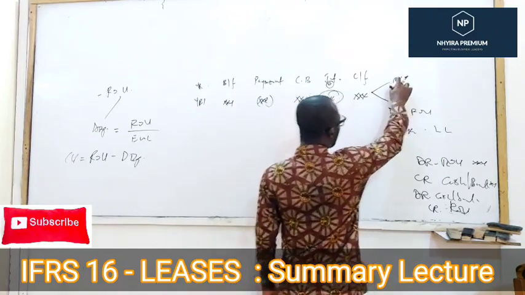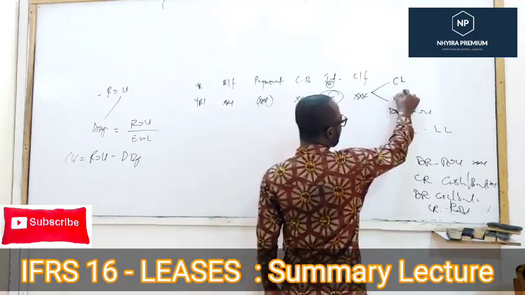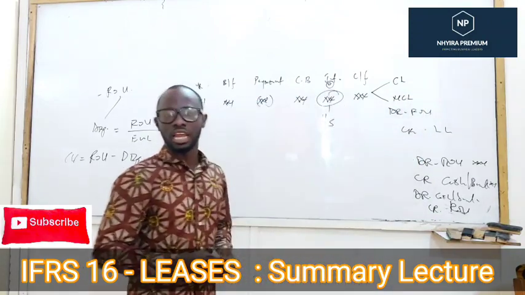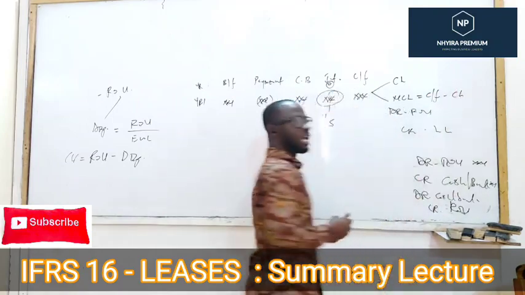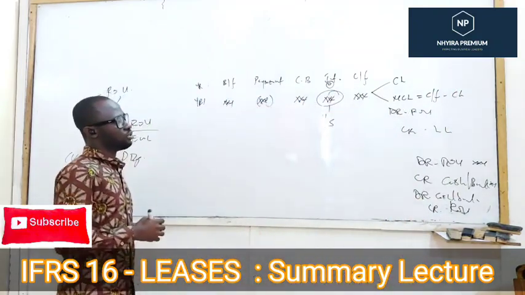Then when we deduct that from the carry forward value, what will be left will become the non-current liability. I hope you are getting the concept. So that's the carry forward minus the current liabilities.